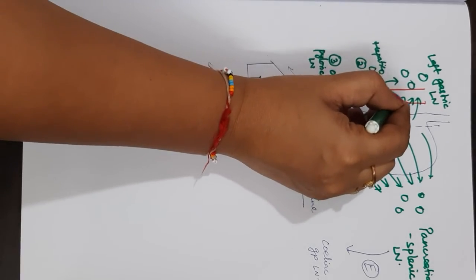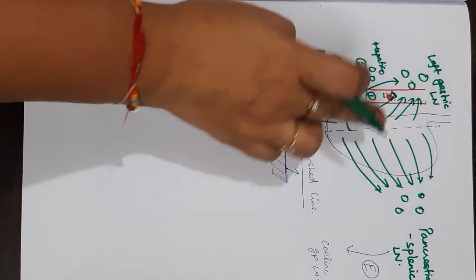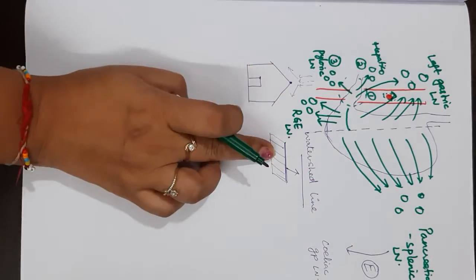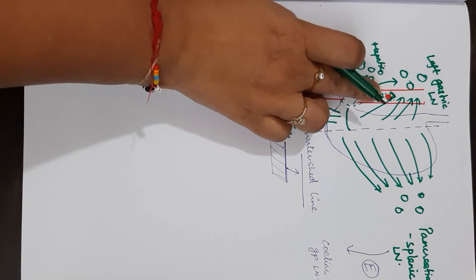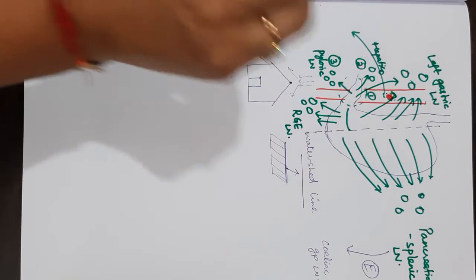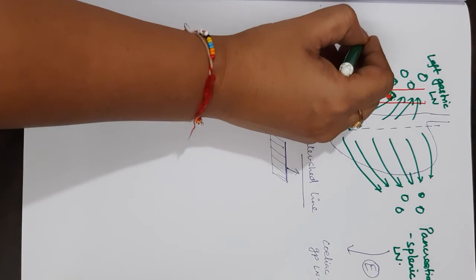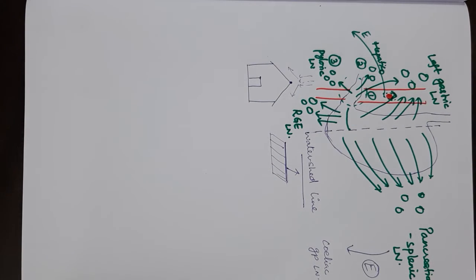The efferents from the previous lymph nodes drain into these, forming the afferents of the celiac group of lymph nodes, and the efferents from the celiac group will join with the efferents coming from other lymph nodes and form the cisterna chyli. This cisterna chyli continues in the thorax as the thoracic duct, which drains at the junction of the left subclavian and left internal jugular vein in the neck.